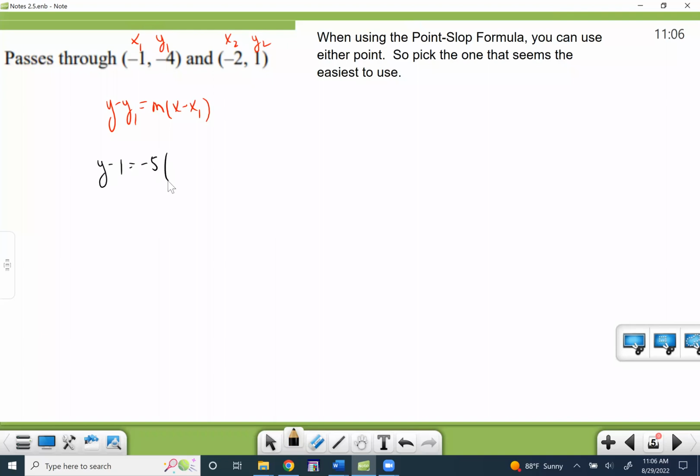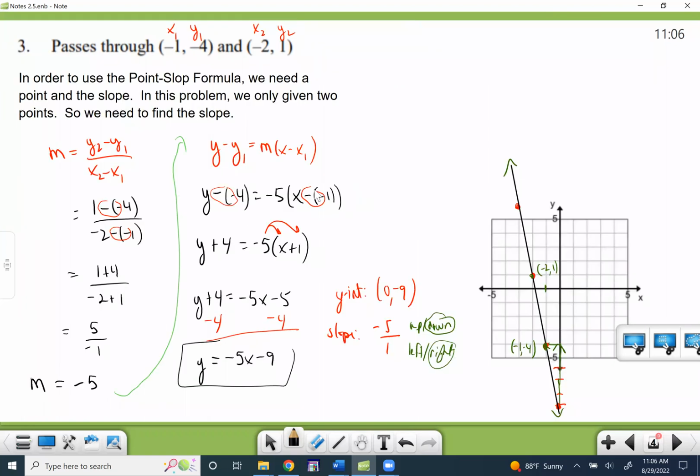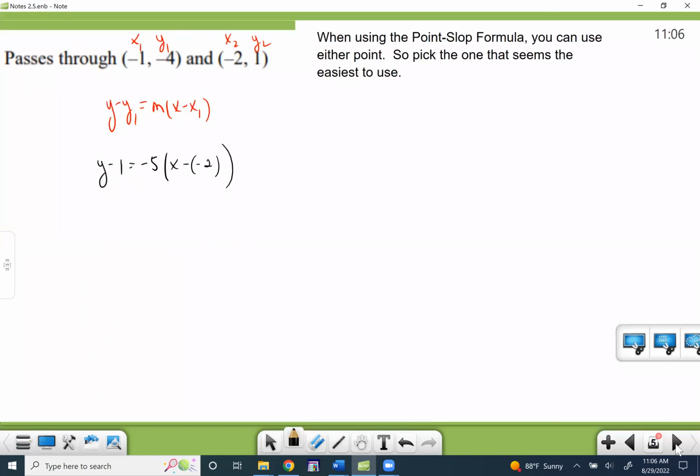And then we could have used this x value, -2. So x minus -2. And while it seems completely different, like there's no way that this equation is going to amount to being the same as this one over here, but it turns out it does. Let's just follow the math through and hopefully we get the same thing.